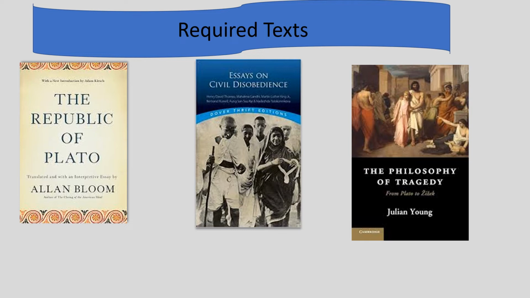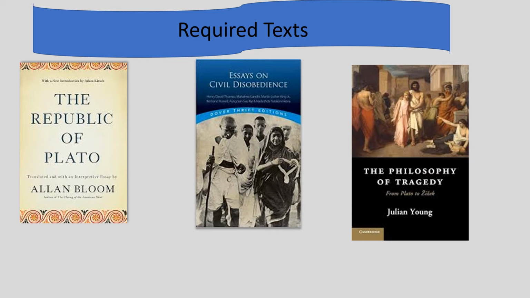This book is edited by Bob Blaisdell. Blaisdell is the editor of this collection, and it has works by Gandhi, Thoreau, Martin Luther King, and others that we're going to be drawing on in this course.